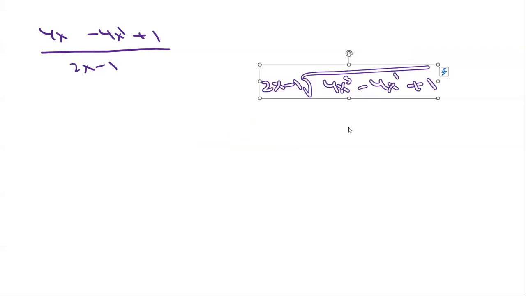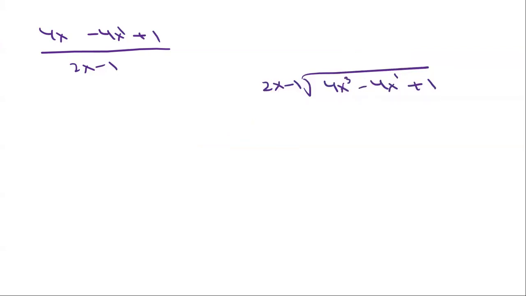So I'm going to have my 2x minus 1 on the outside and 4x squared minus 4x to the 1 power plus 1 inside.